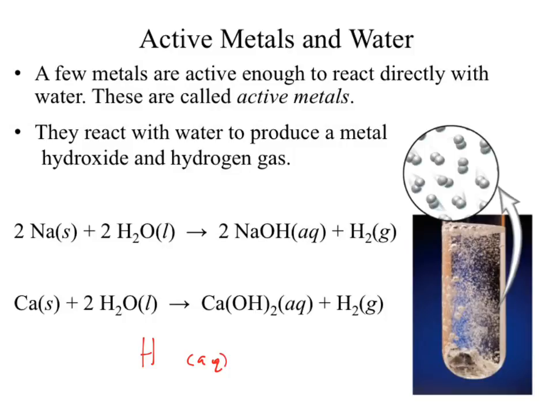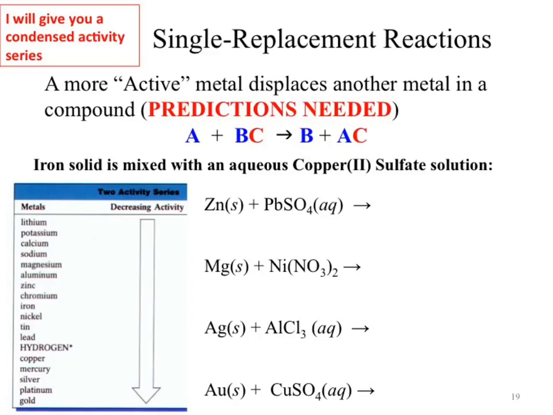We can take these metals and drop them into water and we do see a violent reaction. Those metals tend to be your group 1 and group 2 metals. Where's sodium? Group 1. Where's calcium? Group 2. If we take a look at our activity series, what are our most active metals? Lithium, potassium, which are in group 1.